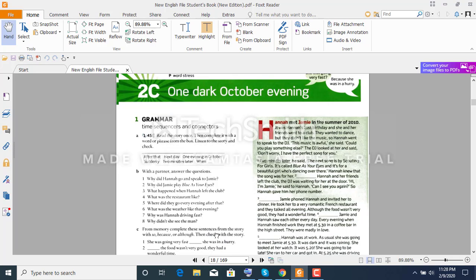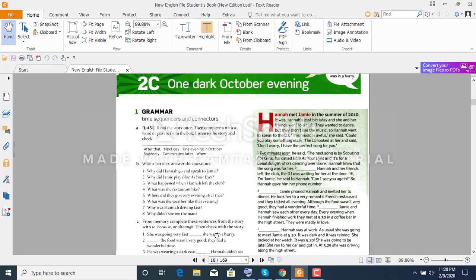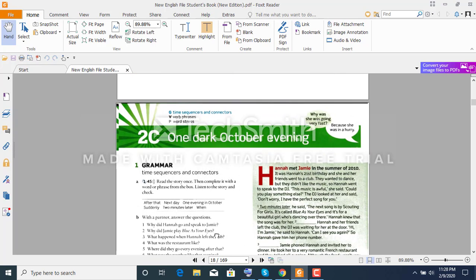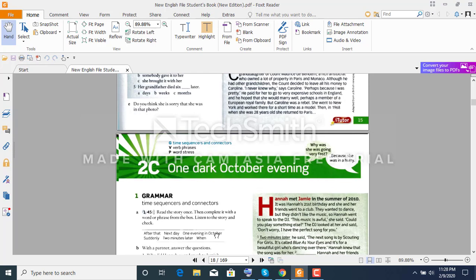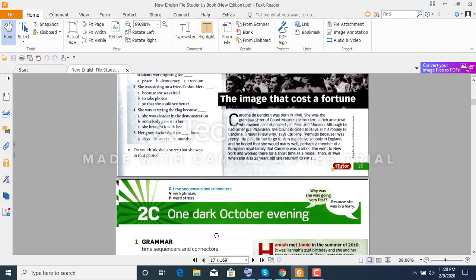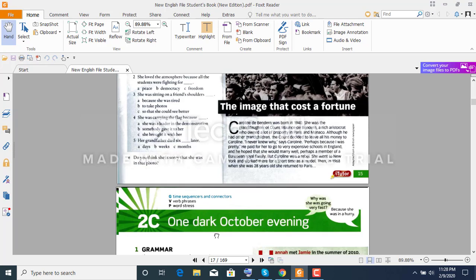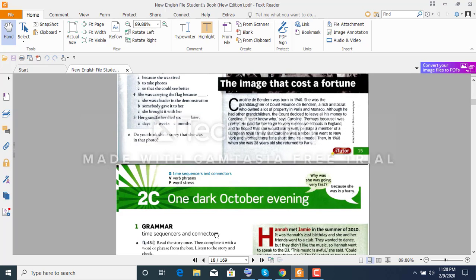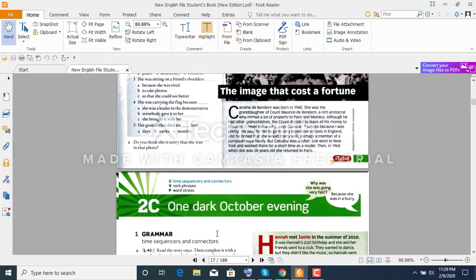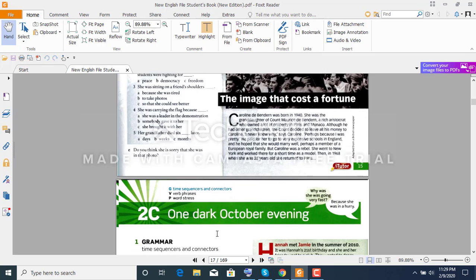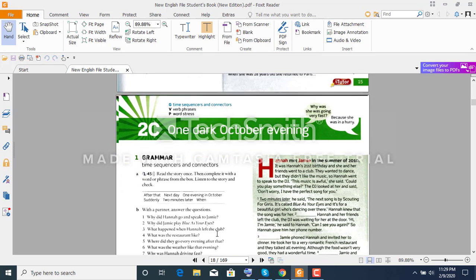Alright. So, time sequencers, and I think we did not finish yet. Past continuous. Yes. Or did we also finish the recording about the continuation of the image that cost a fortune? Oh, yes. Okay.